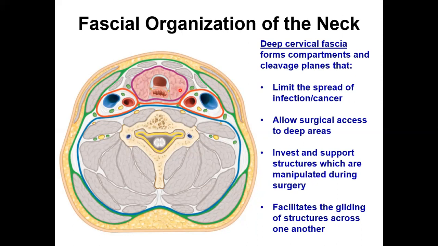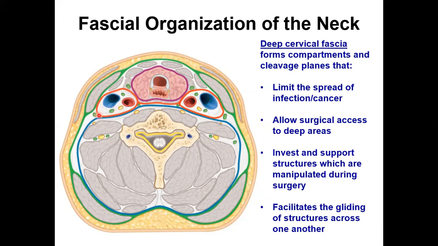Vagus nerve is cranial nerve 12. And the word vagus actually means wanderer. That's important because your vagus nerve goes all over your body and innervates a lot of different organs and structures. So you have vagus nerve both here as well as within your carotid sheath.